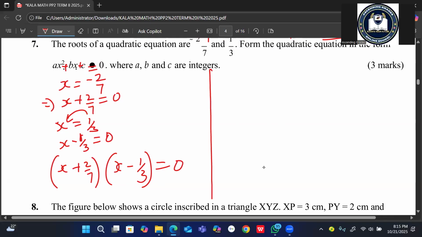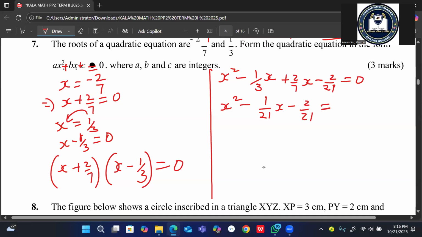Upon opening the brackets, we have x squared minus a third x plus 2 over 7 x, then minus 2 over 21 should give you 0. So we'll have the two of them, negative a third x plus 2 over 7 x, it will give you 1 over 21 x, then minus 2 over 21 is equal to 0.